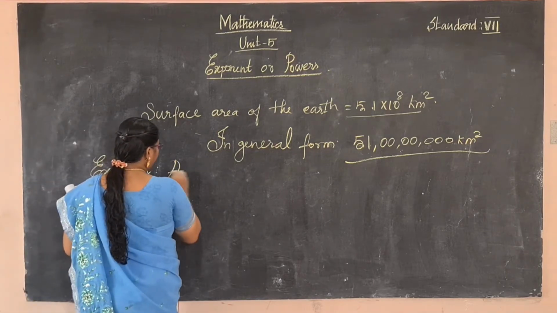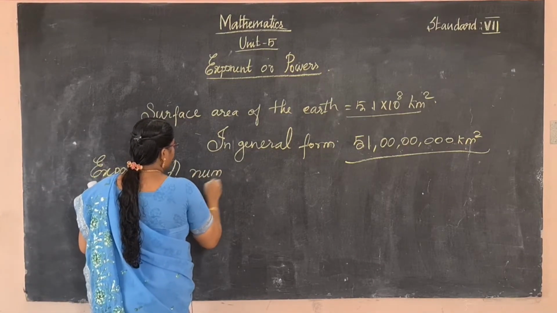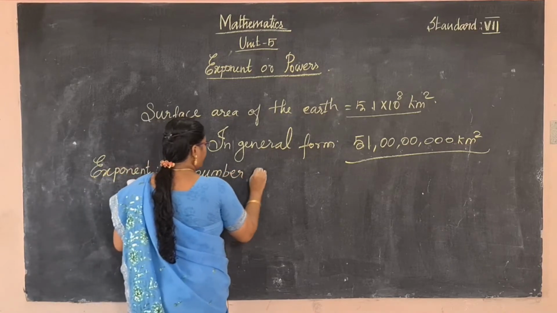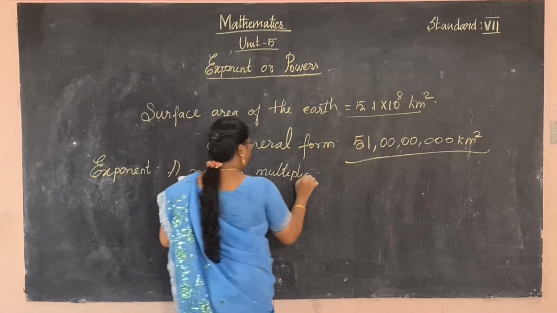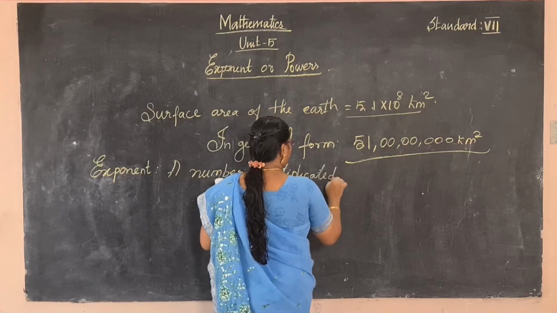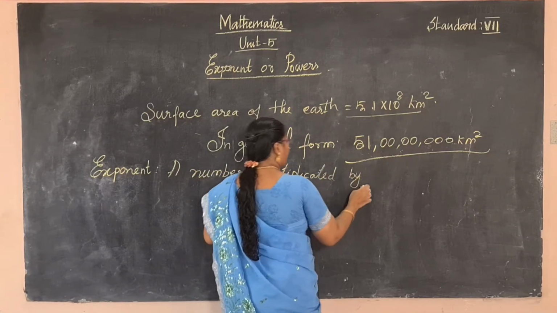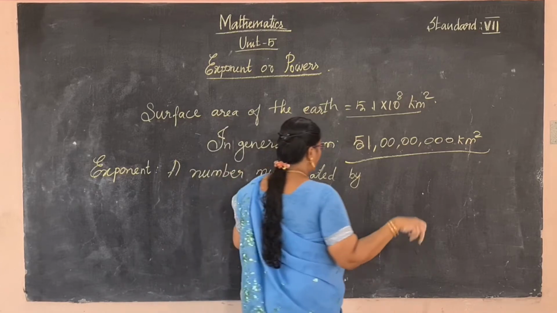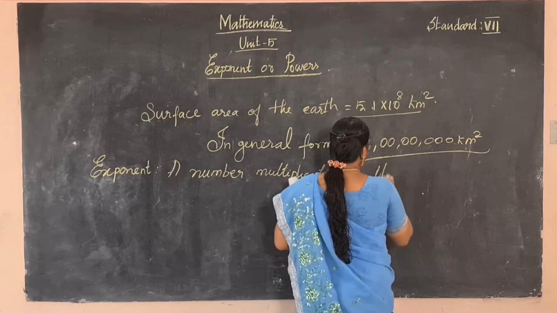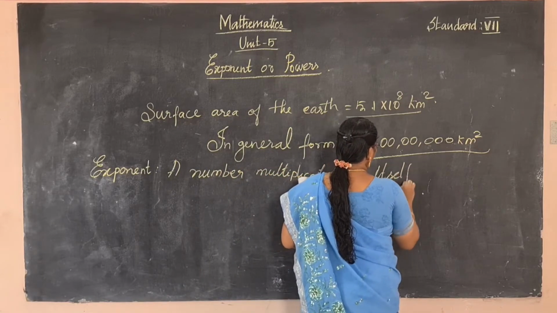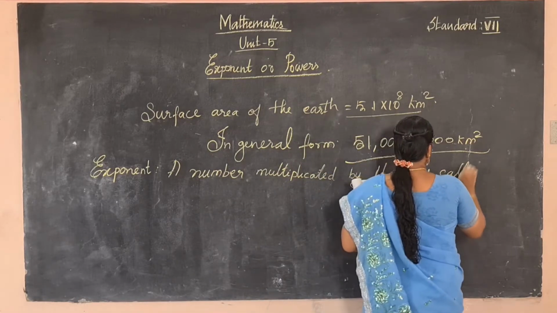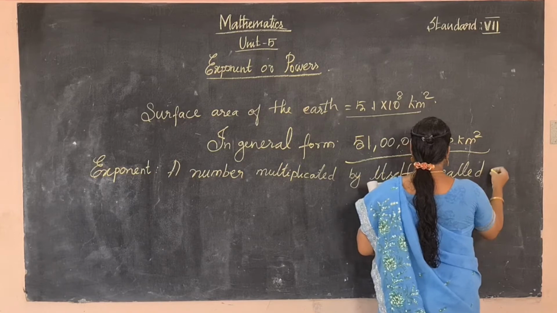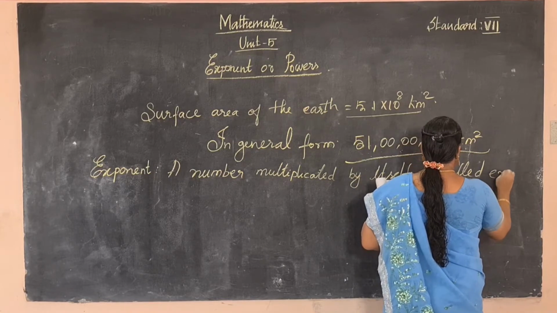A number multiplied by itself is called exponent.